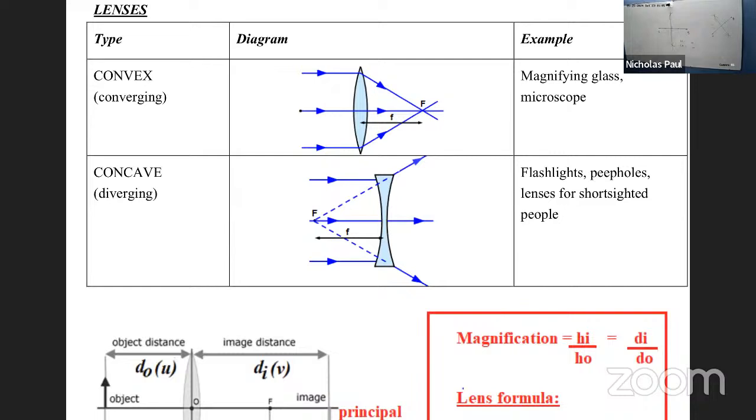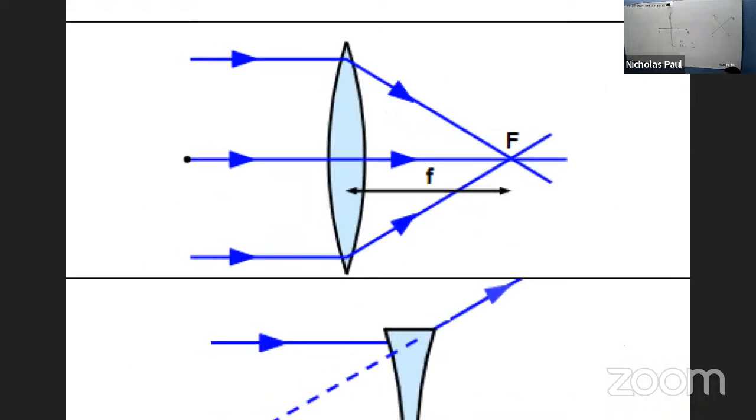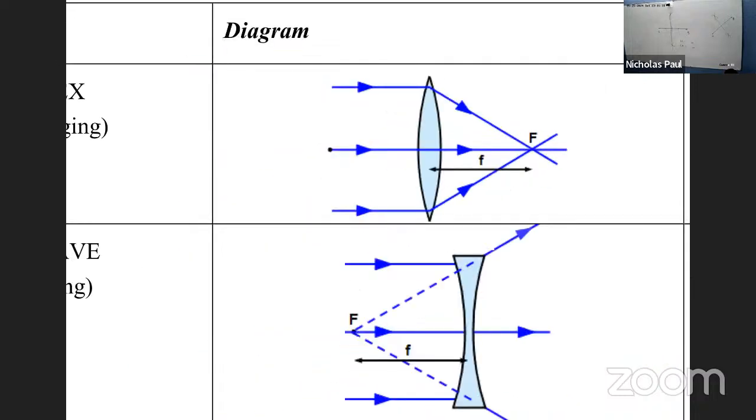Ready? So on this convex lens, I want to give you some definitions.